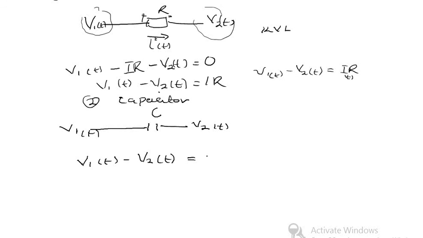Remember, the voltage across the capacitor element is equal to 1 over C integral of i dt. So from here we can say v1 minus v2 is equal to 1 over C integral of i dt.